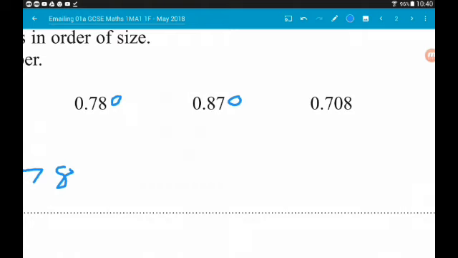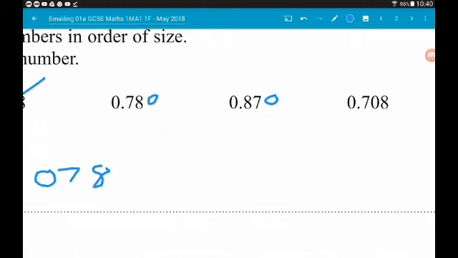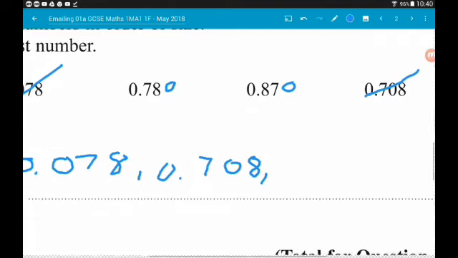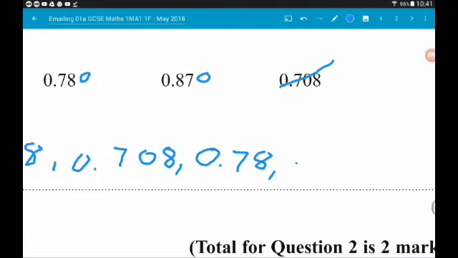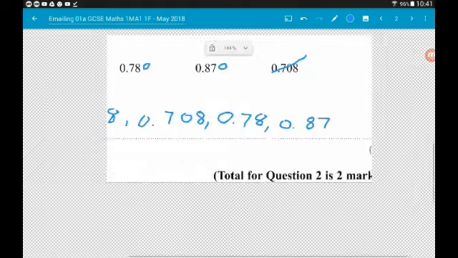The next smallest number is 0.708 because that has a 0 in the hundredths column. And then it's 0.78, and then it's 0.87. Cool.